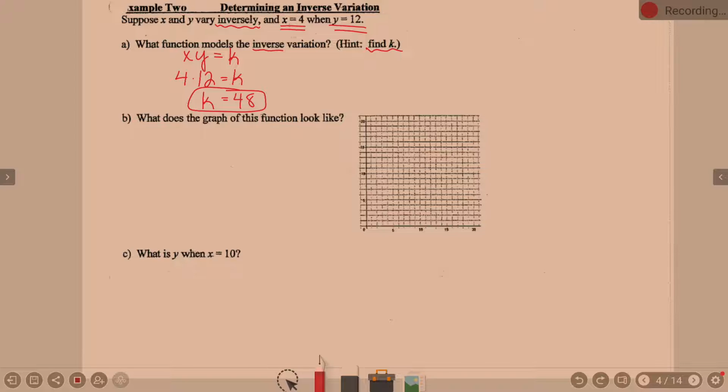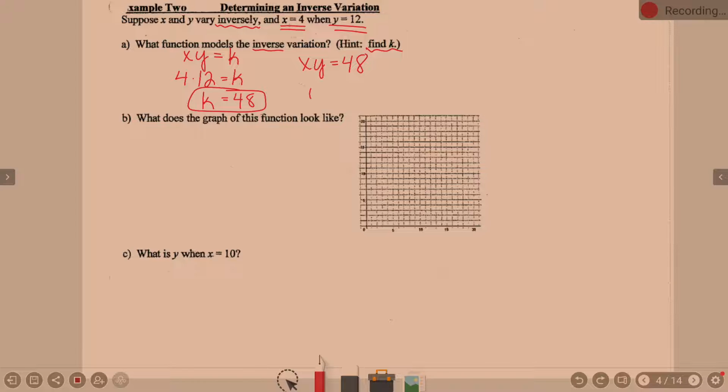Write me an equation. What are my equation options you could give me for inverse variation based on the fact that K is 48? Okay, I think I heard both out there. One option, if it's xy equals K, we could say xy equals 48.